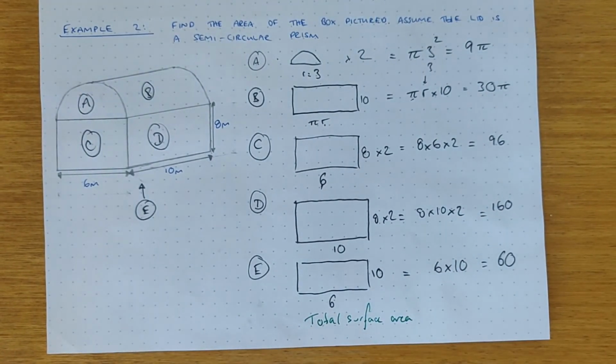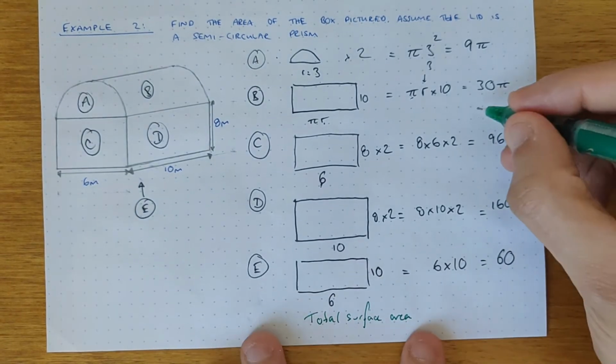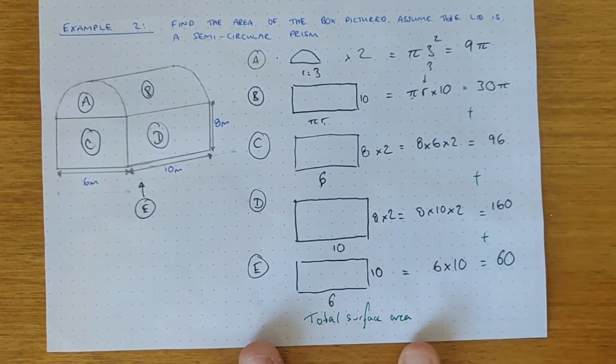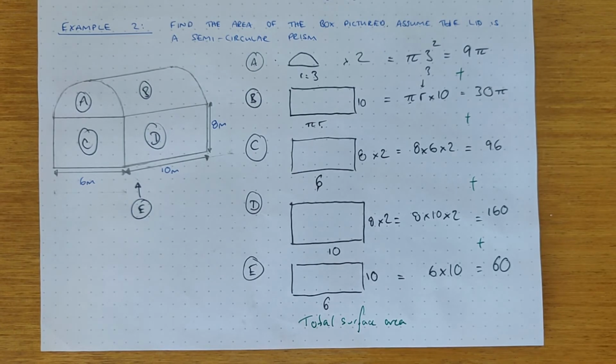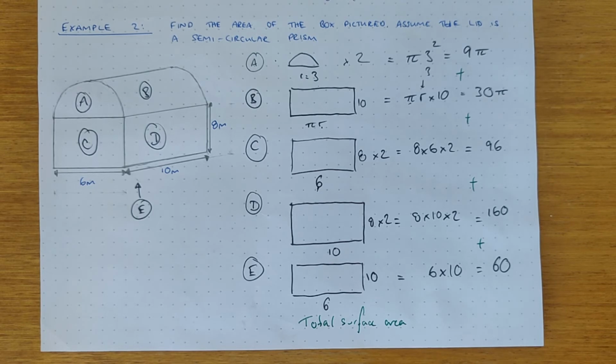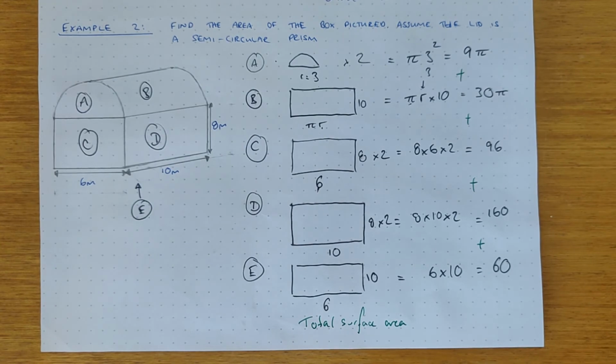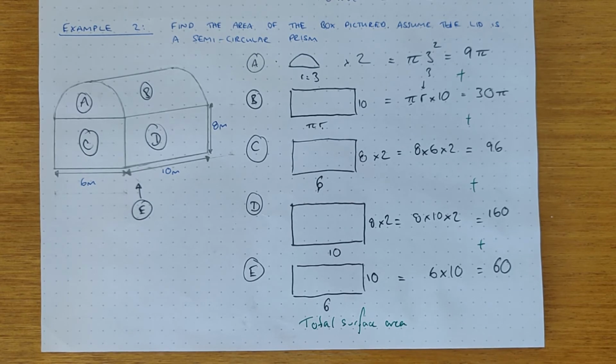For that, I need to add together each of these, including that top one, and that will give me, when I do 9 pi plus 30 pi plus 96 plus 160, that will give me 438.5.